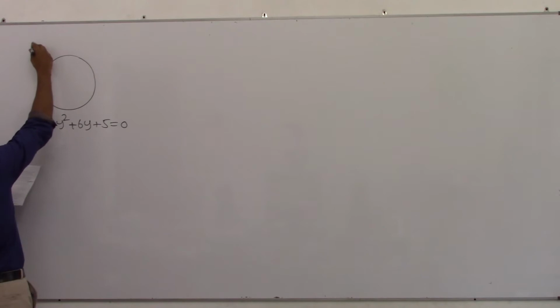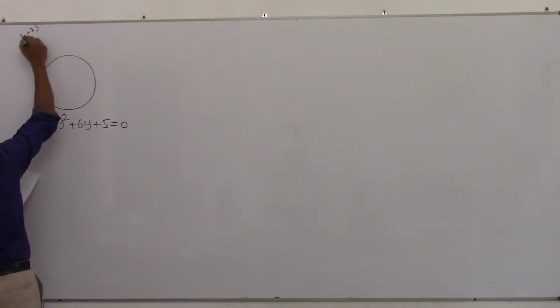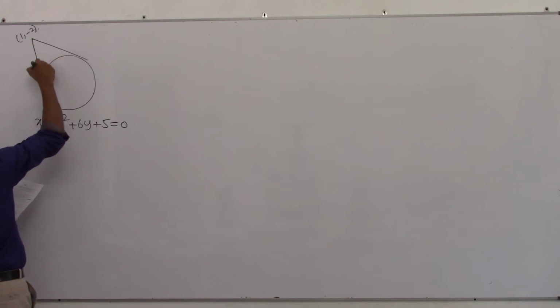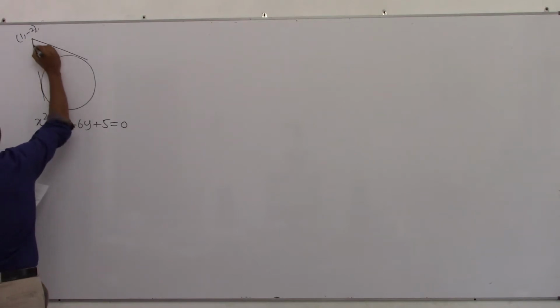Now the external point is (1, -2). From there, we draw two tangents like this to the circle.